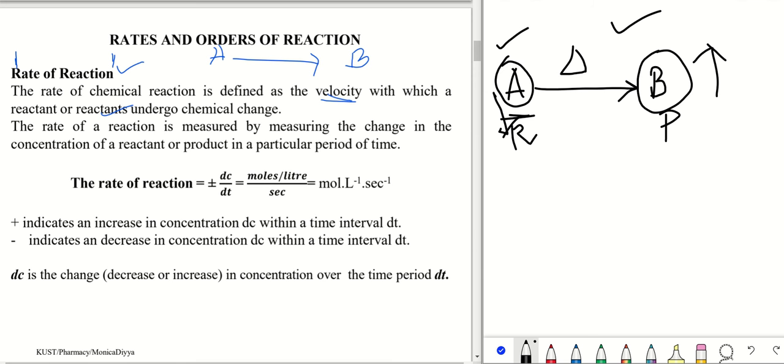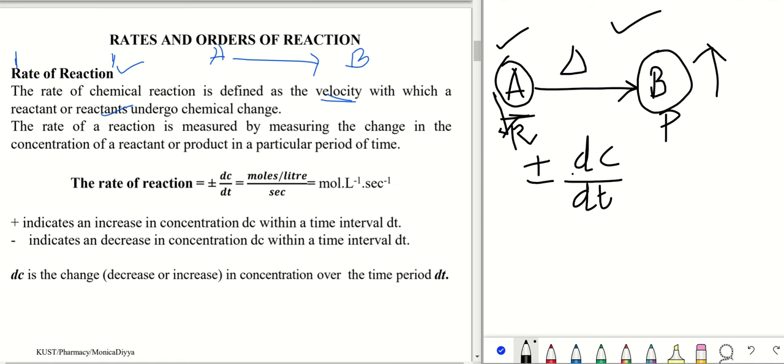If there is a greater decrease in the concentration of A with respect to time, then we can say it is having a faster reaction rate. That is how we can know the reaction rate. So we can say dC by dt gives the reaction rate. Now here we need to consider the signs, plus or minus.